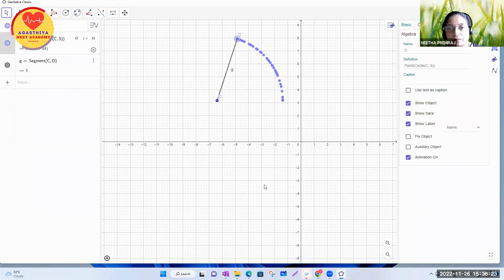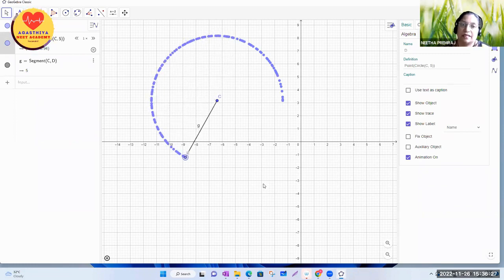Now you see here, C is a fixed point, whereas D is a moving point. The locus is nothing but the path traced by the moving object, and it is called a circle. So it gives a shape.